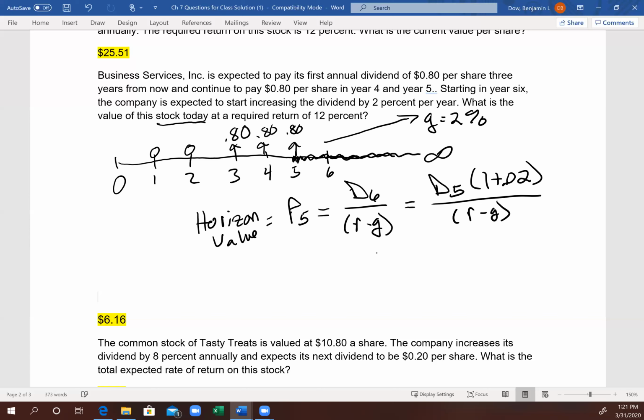Okay. So really, I can write P5 as equal to 80 cents growing at 2%.